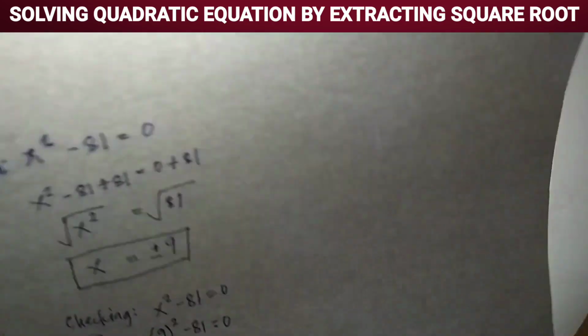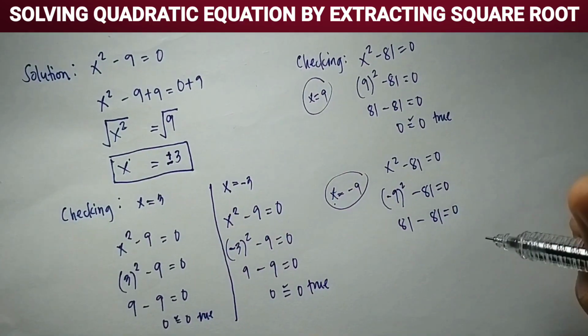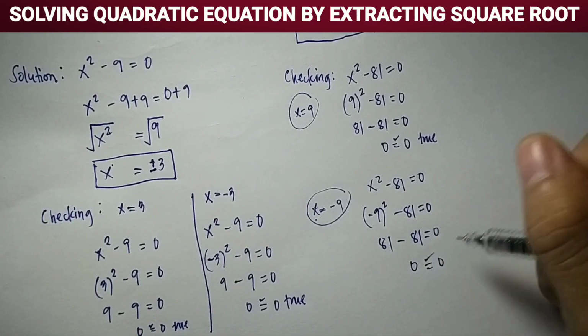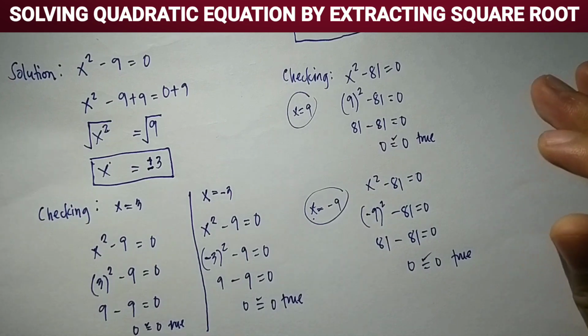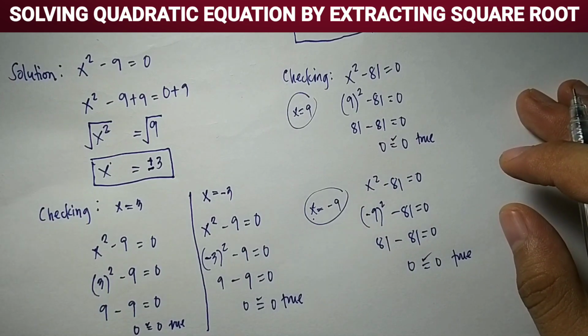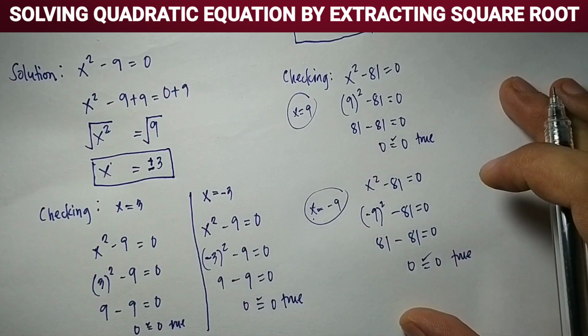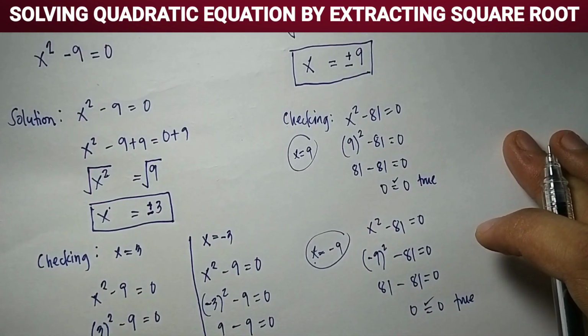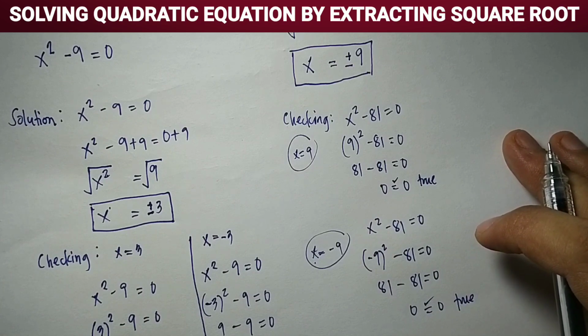So 81 minus 81, that is 0. Which is true. Okay? Kay tinuod man siya, meaning si negative 9 solution pud na sa atong x squared minus 81 is equal to 0. So the roots of x squared minus 81 is equal to 0 are positive 9 and negative 9.